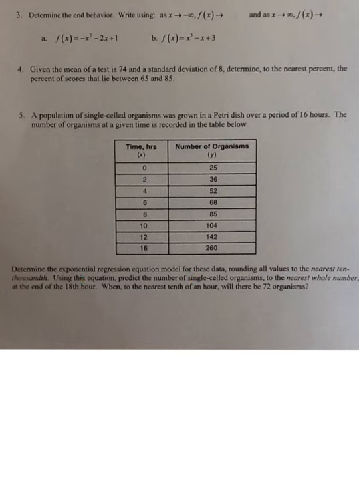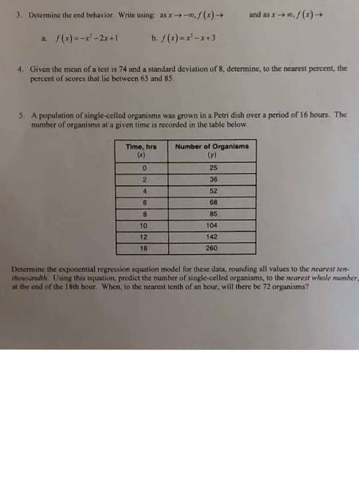All right, so let's first plug it into the calculator. So you hit stat. Go into edit. In L1, you're going to put your x values: 0, 2, 4, 6, 8, 10, 12, and 16. In L2, you're going to put your y values: 25, 36, 52, 68, 85, 104, 142, and 260.